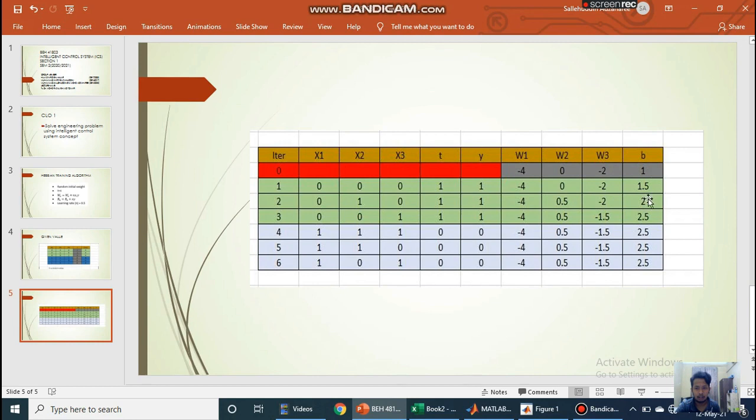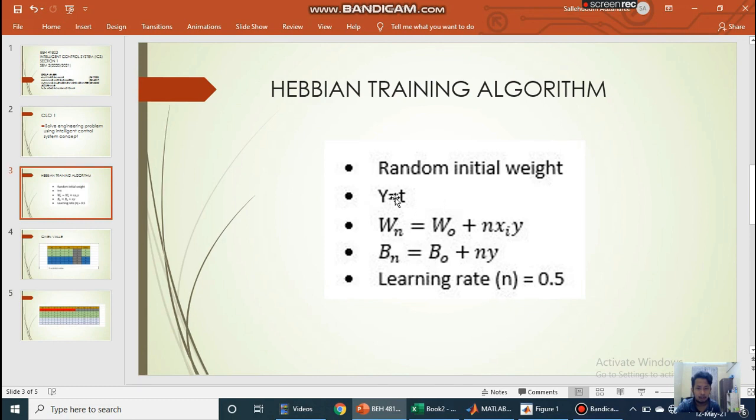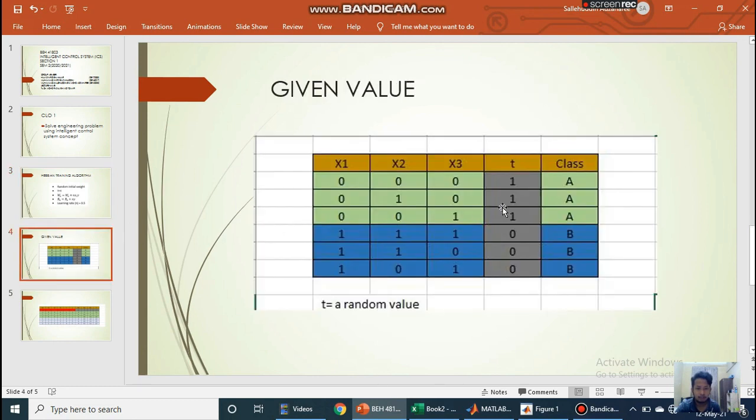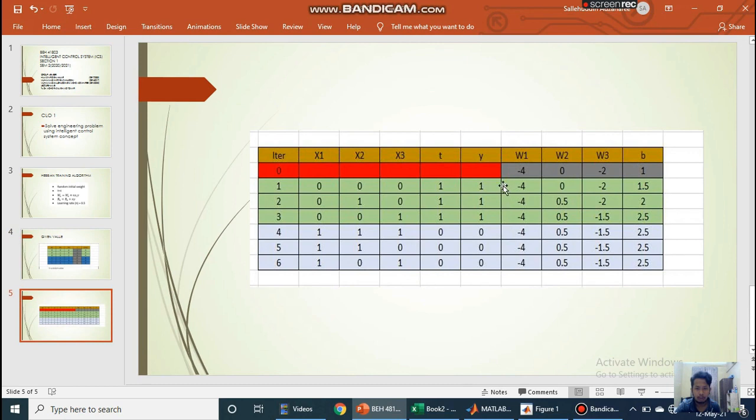After that we get negative 1.5. We repeat the same step for 0 1 0. So y equals t, which is 1, so t is 1.